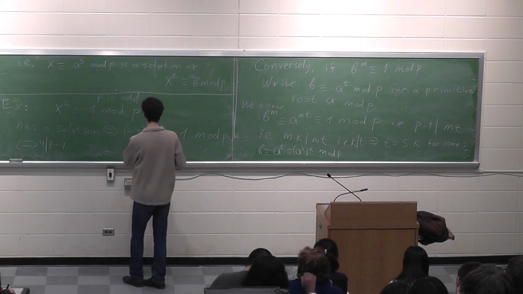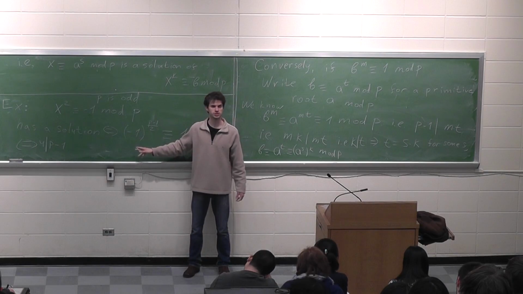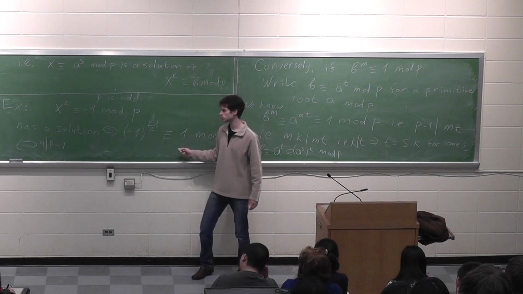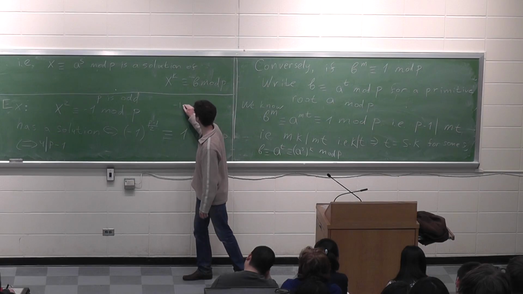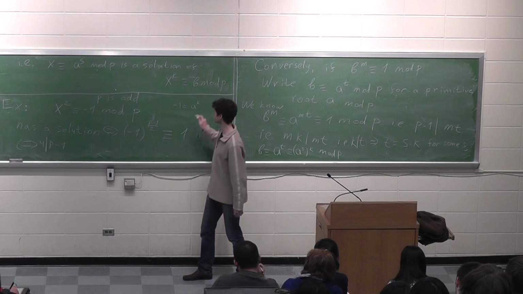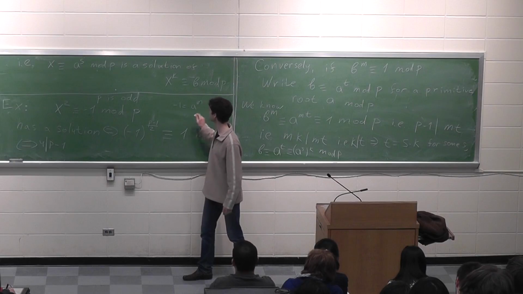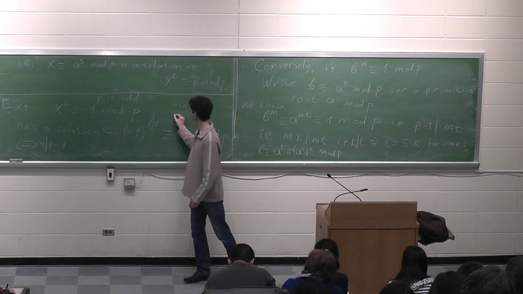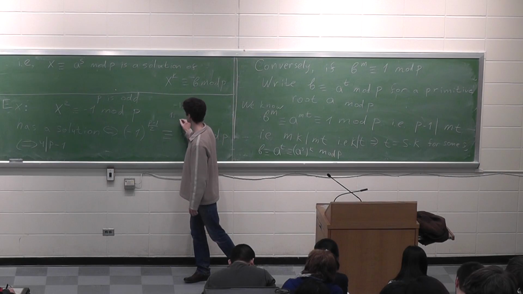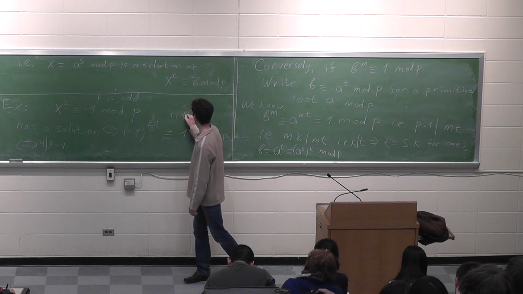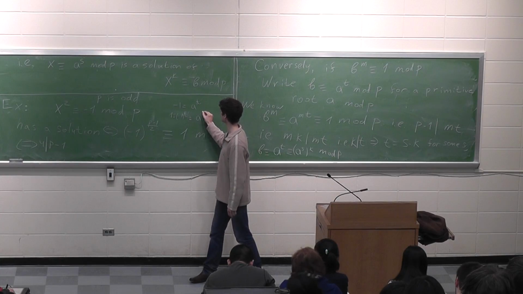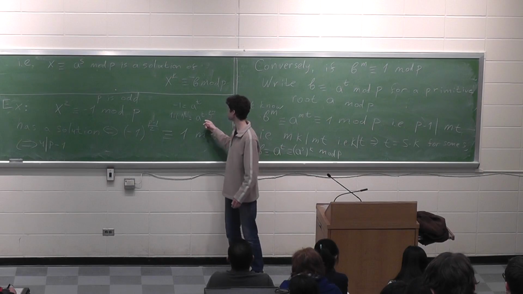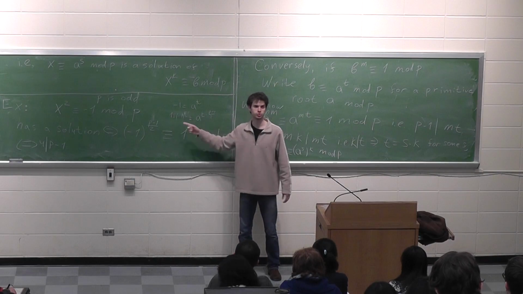Well, let me take this condition. -1 is some power of primitive element, this equality holds. So, if -1 is a primitive element to some power, then I know that 1, which is (-1) to the power (p - 1) divided by 2, which is a to the power t times (p - 1) divided by 2, should be, well, this equality should hold.